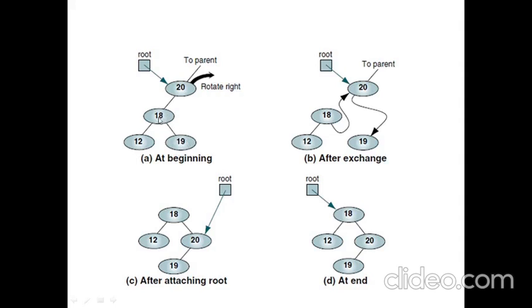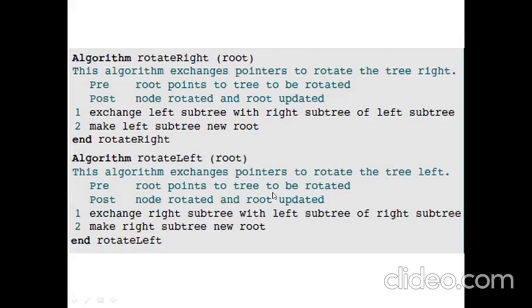Whenever we make a new node the root, the excess child of that node has to be adopted by the previous root node. So in this case 20 is the root node that is being replaced, and 18 is the one that is going to replace 20. So the right child of 18 will have to be connected to 20. That's what is done here. That is the idea behind the rotate algorithm.